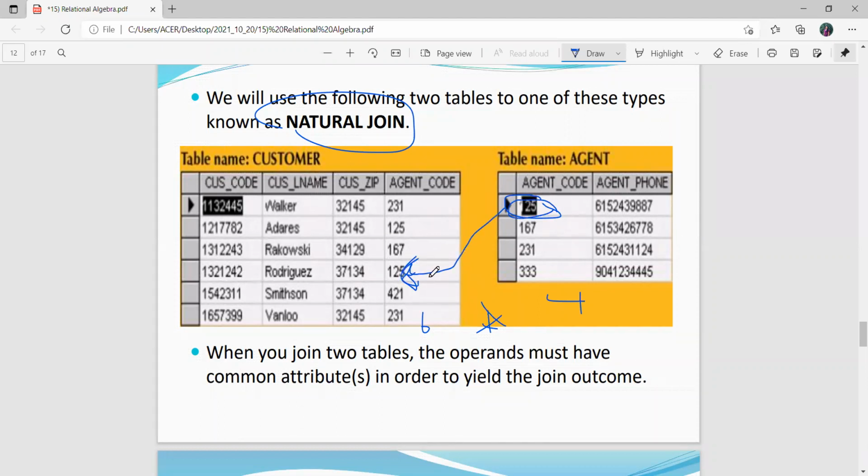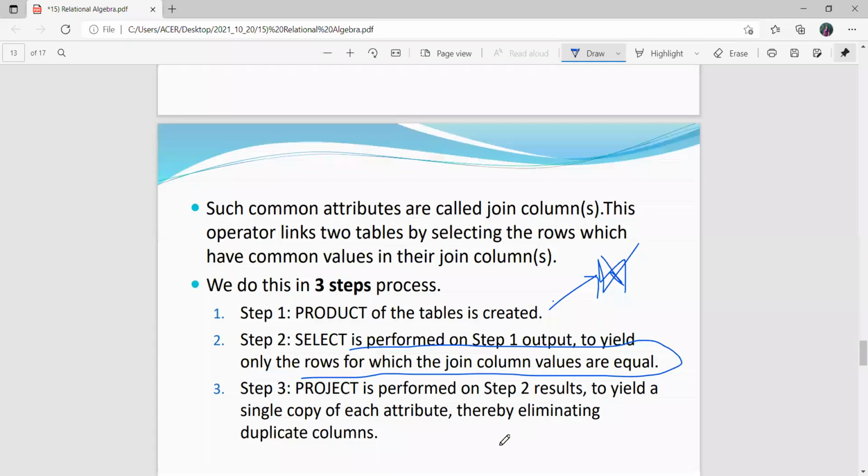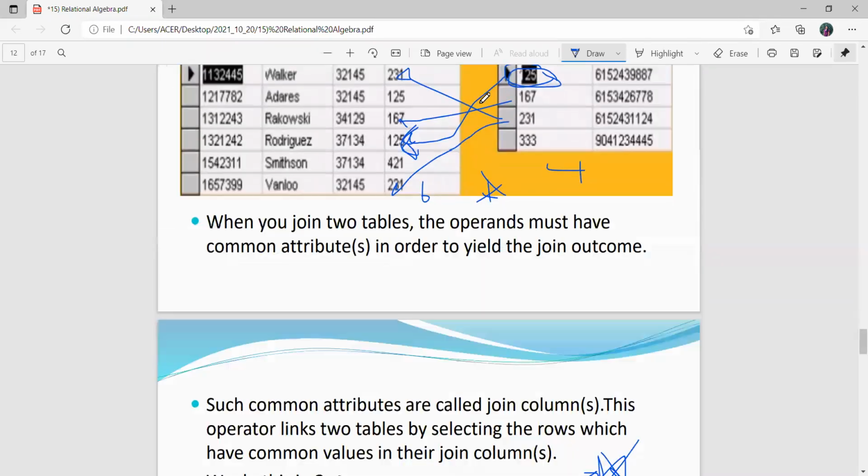That means this joining attribute has the same value, that means records with the same joining value. So you can see this one, and there are some others. This one and this one. Likewise, you can perform this. Okay, you are going to find these four records.